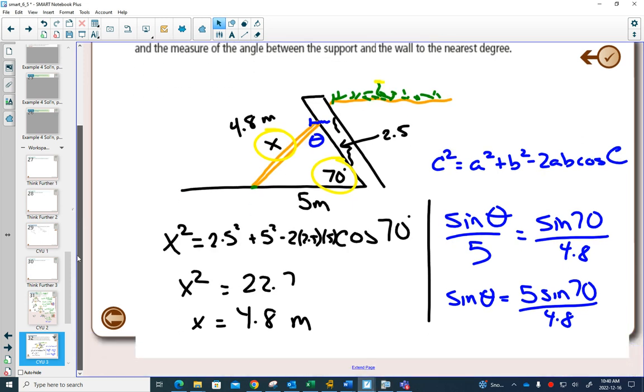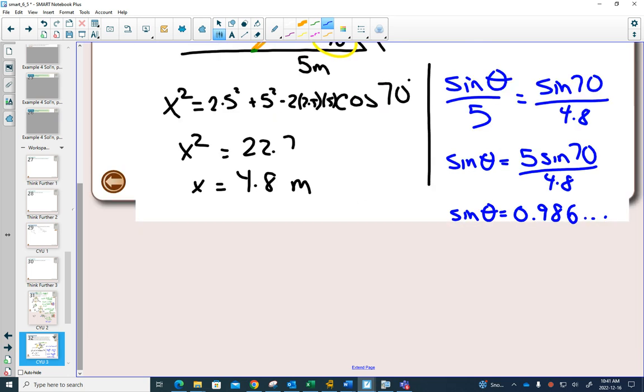So I now know 0.986 is sine. What do I have to do? I have to think about my CAST rule. Is the sine theta positive or negative? It's positive. Sine is positive in 1 and 2.